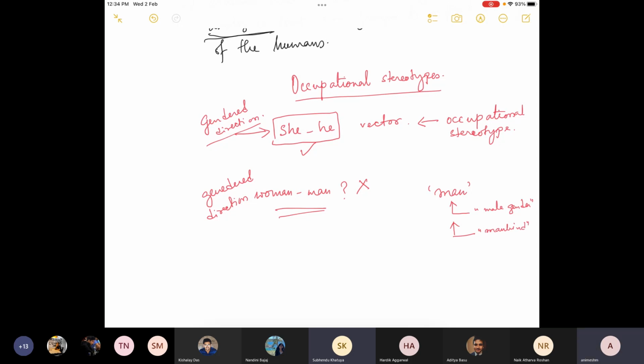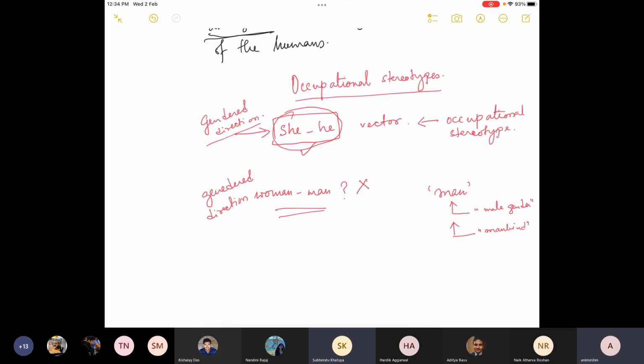So therefore, while constructing the gender direction, we want to have such words which do not have multiple meanings, because that jeopardizes the structure of the gender direction. For instance, she, he, since these are pronouns, they do not have any other additional meaning.